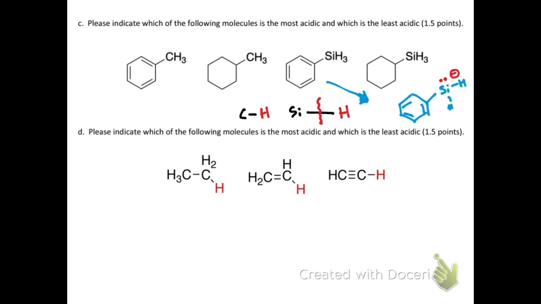So for example, here, we could throw these electrons right here, and then push these electrons right here. This actually has a number of resonance structures. I'm not going to draw them all here, but basically any time that you see a lone pair of electrons adjacent to a pi bond, usually a double bond, that means that you have resonance opportunities available. That stabilizes the conjugate base.